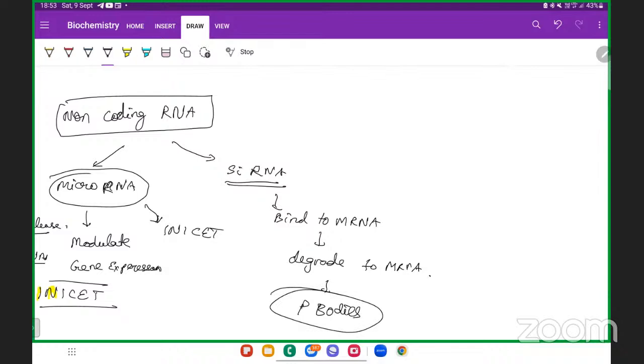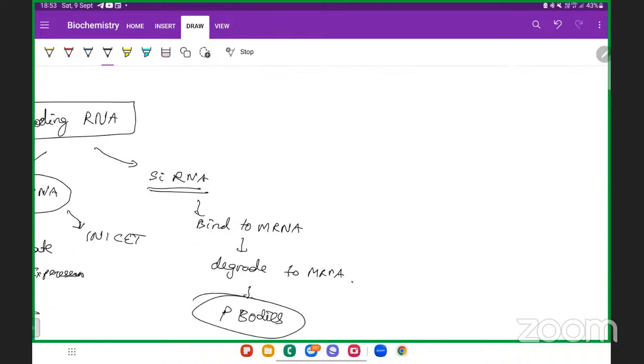This non-coding RNA is otherwise called interference RNA, or RNAi. It forms inclusions, that is going to be your RNAi or interference RNA.